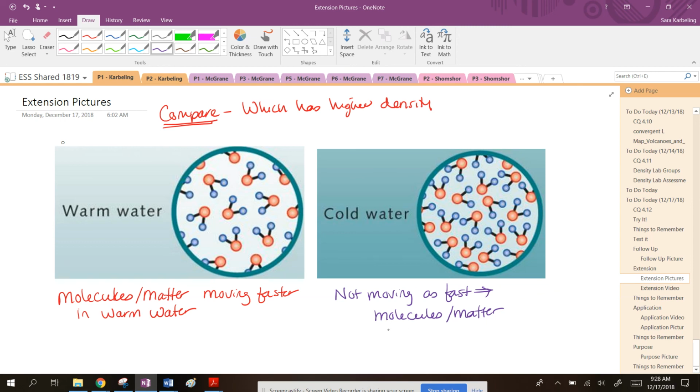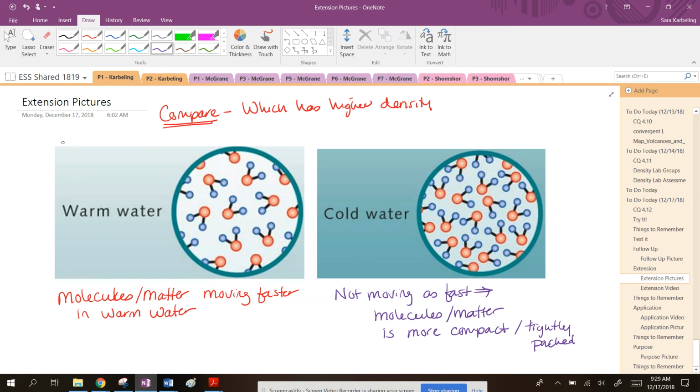The matter is more compact or more tightly packed, I guess. Okay. So it's all about how fast the molecules are moving. The warmer something is, the faster they move, the less stuff there's going to be in any space.